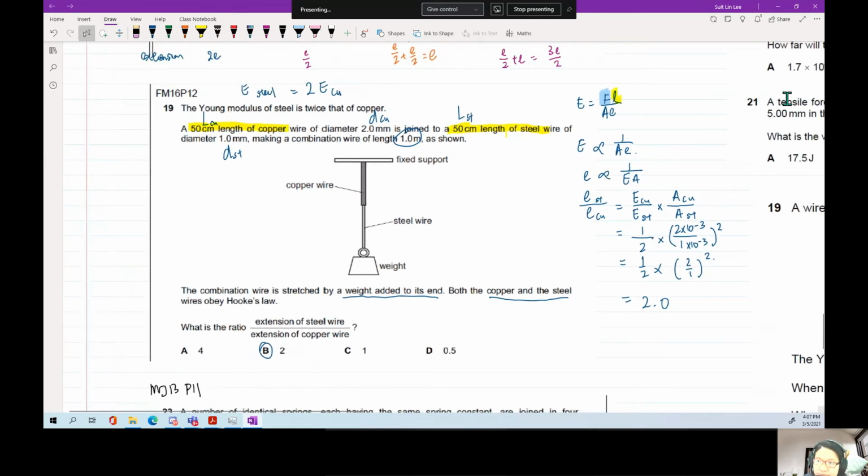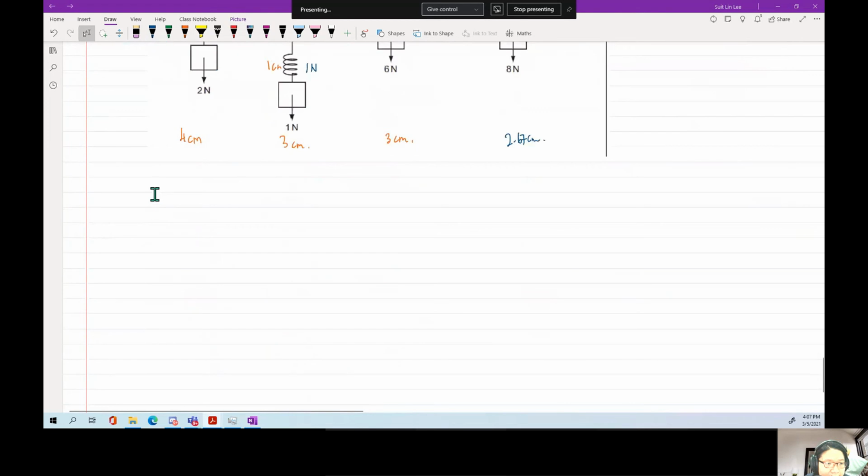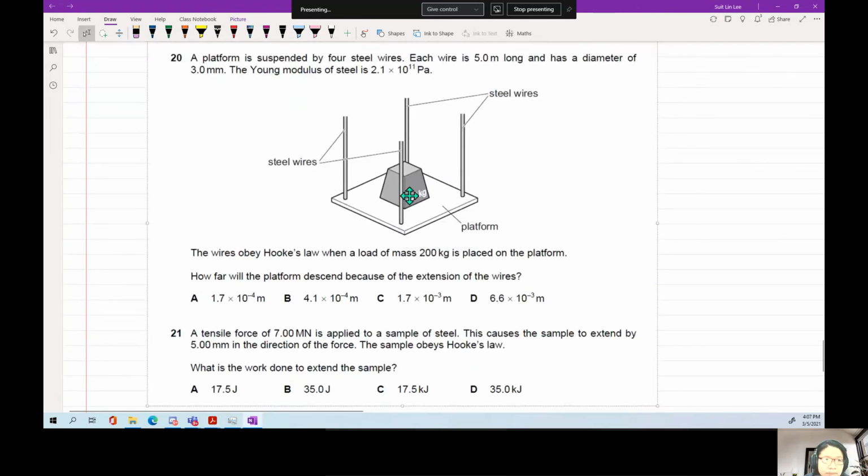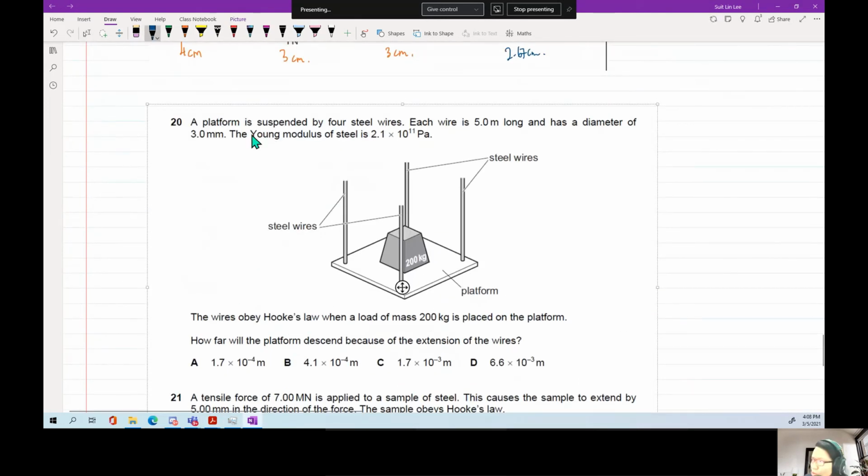In this question that I found from ON20, paper 13, sorry. Here, you see steel wires, 4 of them.